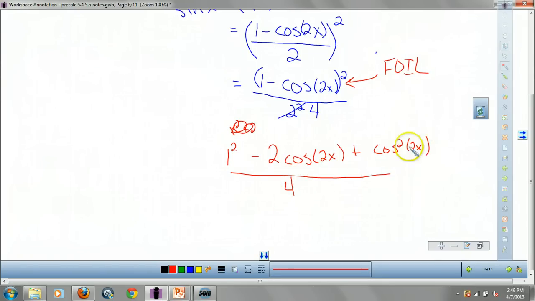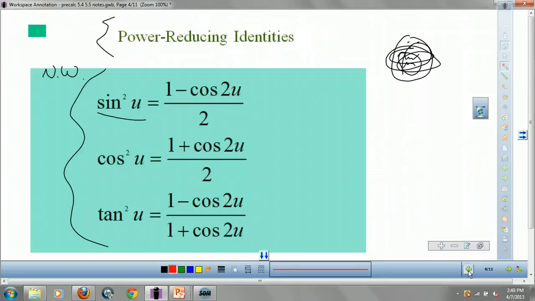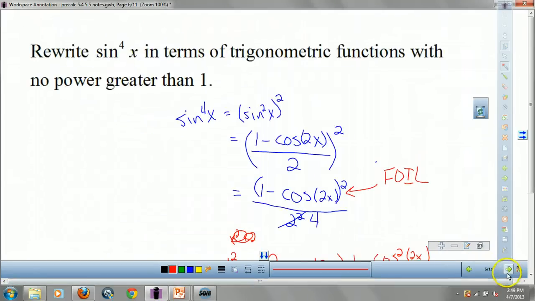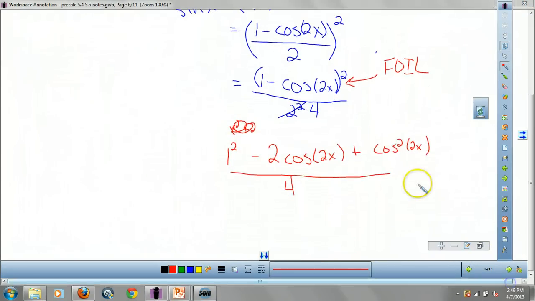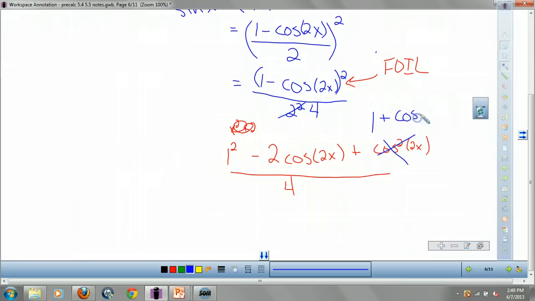Now, what's cosine squared equal to? That's right, 1 plus cosine of 2u divided by 2. That should be on your notes, guys. So this guy is actually 1 plus cosine of 2 times 2x, right?